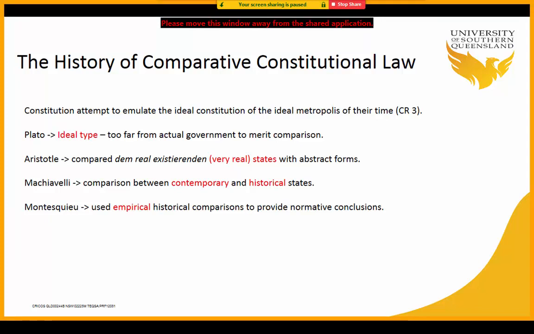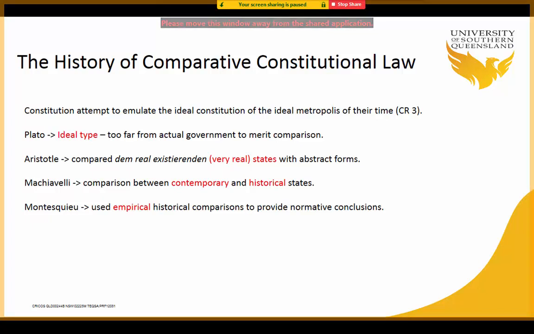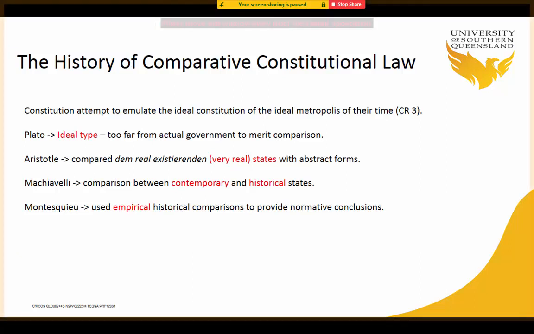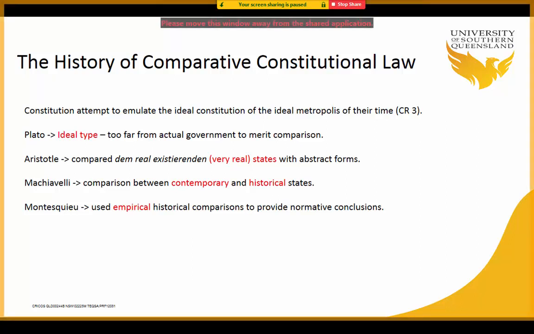So that's what I was just talking about now. This Aristotelian idea of creating a model or an abstract form and then looking at these different states vis-a-vis or relative to that form. We have Machiavelli, okay, and he started now comparison over time. So he was actually comparing new or contemporary states with old or historical states.